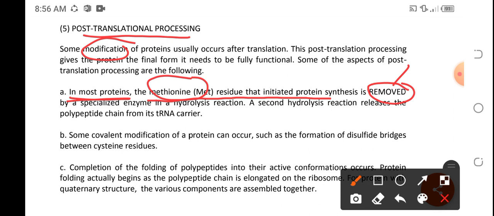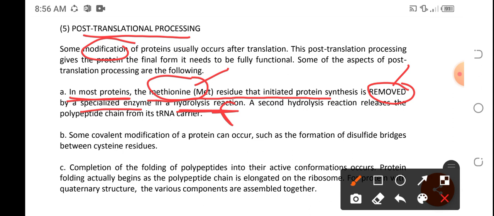And that is through the action of some specialized enzyme via hydrolysis reaction pa rin. So palagi hydrolysis, yung kung kanina yung removal of the peptide from the tRNA is governed by the hydrolysis. Again, methionine's removal from the peptide is still hydrolysis. Okay?